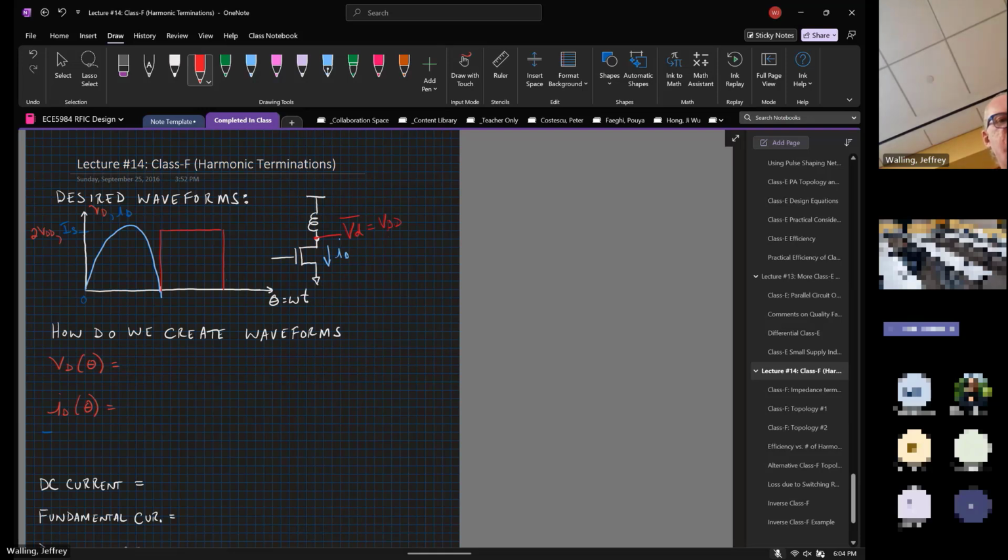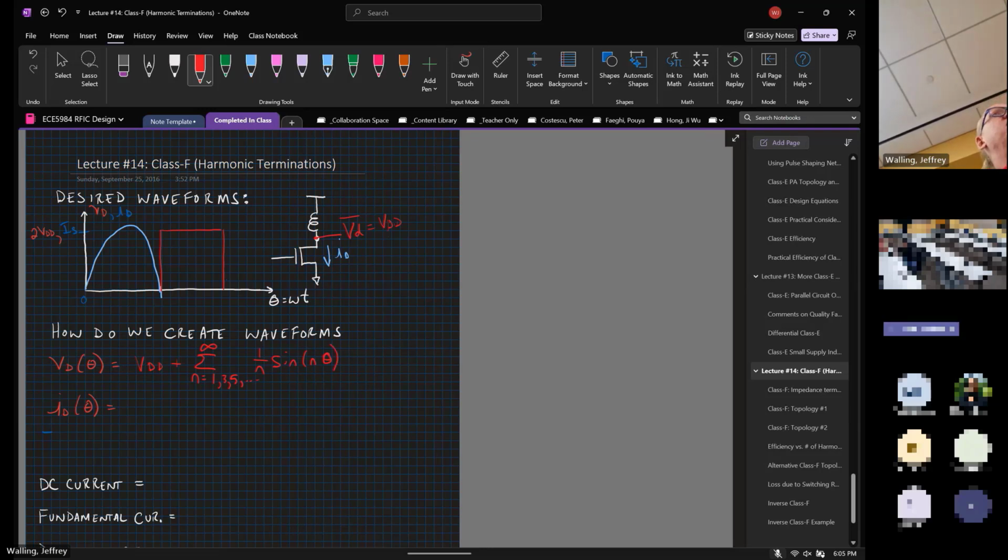Well, if I look at the drain waveform and I do some Fourier analysis, I can find that the drain waveform looks something like VDD plus the sum from n equals 1, all of the odd harmonics up to infinity, of 1 over n times the sine of n theta.